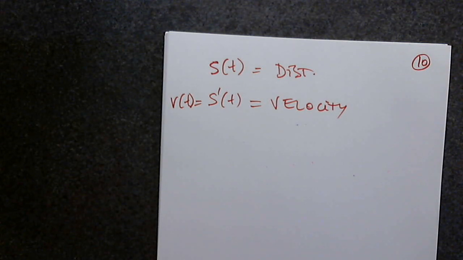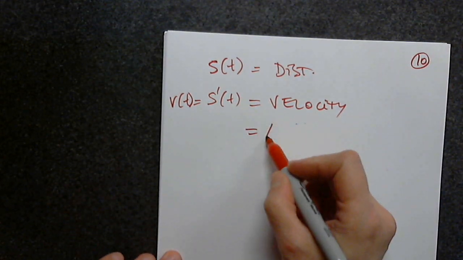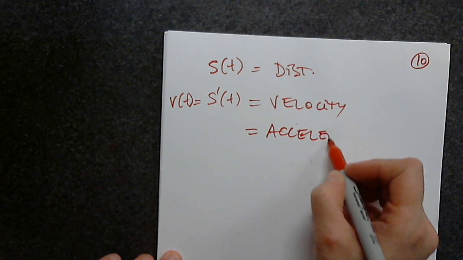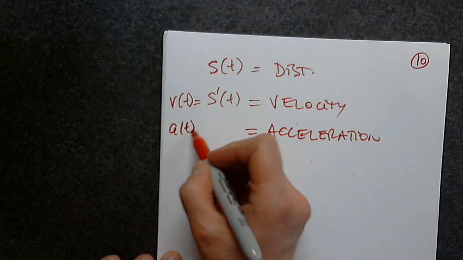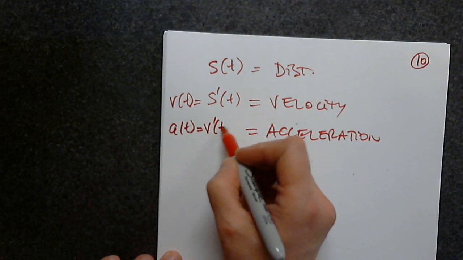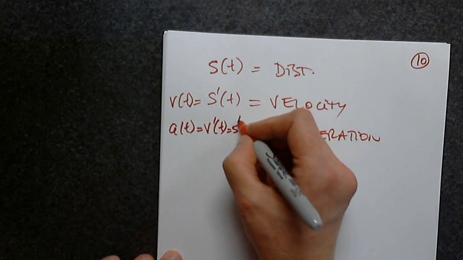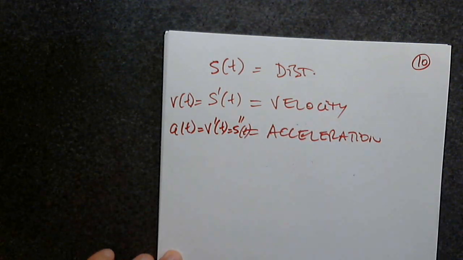How do I determine the acceleration? The acceleration is a of t, or v prime of t, or s double prime of t. So the acceleration is the first derivative of the velocity or the second derivative of the distance.